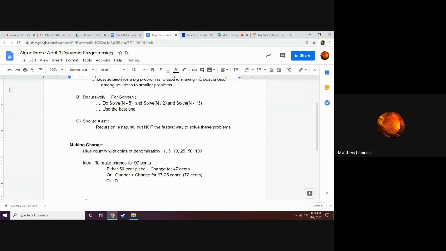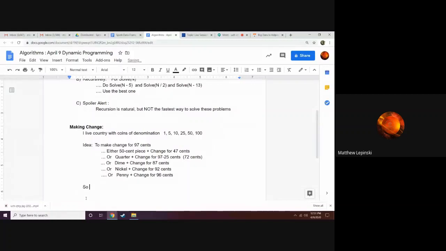Or a dime plus change for 87 cents, or a nickel plus change for 92 cents, or a penny plus change for 96 cents.